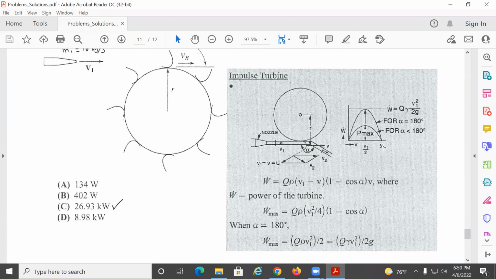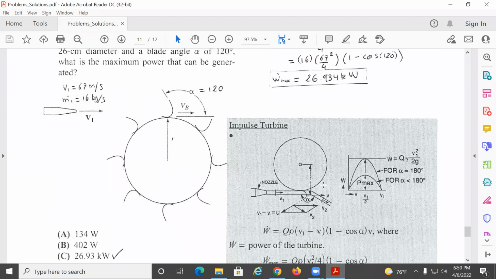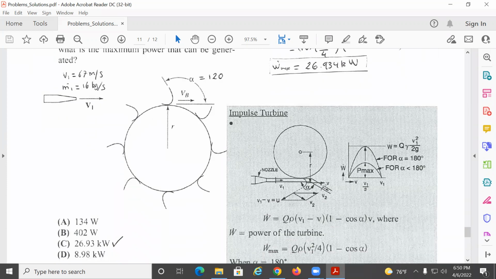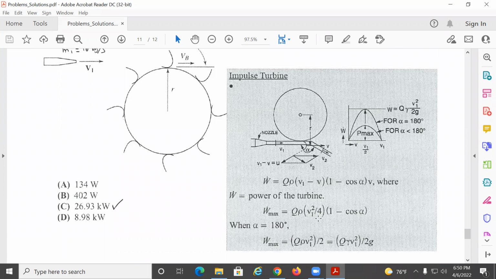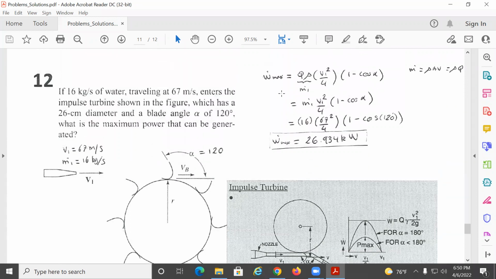And let's see what is V1 minus V. Okay, so I'm looking at this one, volumetric flow rate. Let's look at this equation here: volumetric flow rate, density, velocity squared divided by 4, 1 minus the cosine of the angle, all right? So basically what I've done here is just substitute directly.